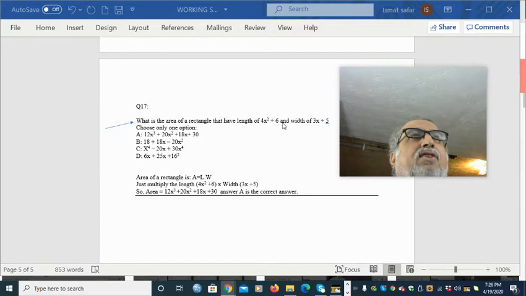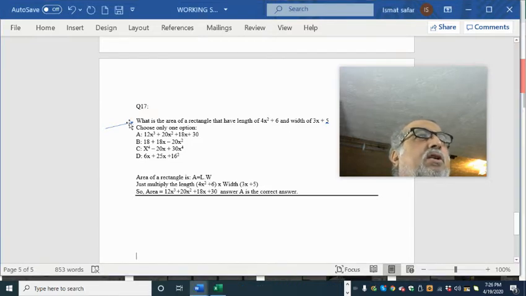What is the length here? 4x squared plus 6. So we put 4x squared plus 6 in place of L, which is length, times width. What is the width here? 3x plus 5.